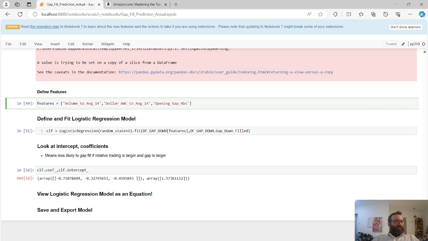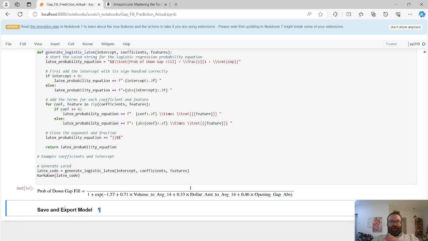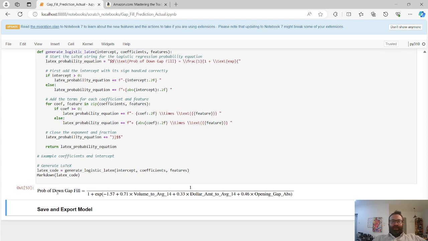And I actually created this personal function that will show the model as LaTeX. So the model looks like this. It looks like probability of down gap fill equals 1 over 1 plus exponential negative 1.57 times 0.71 times, I'll call this relative volume. This is the volume to the average of the last 14 days volume. And then this is the relative dollar amount times 0.33, and then the opening gap absolute value of it.